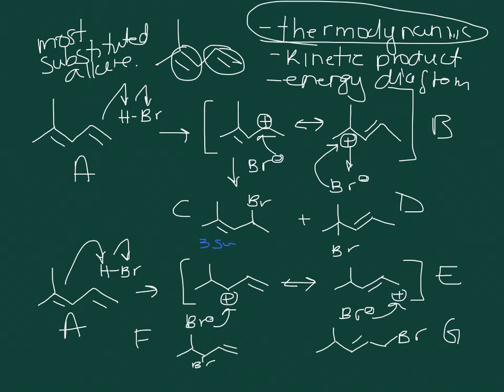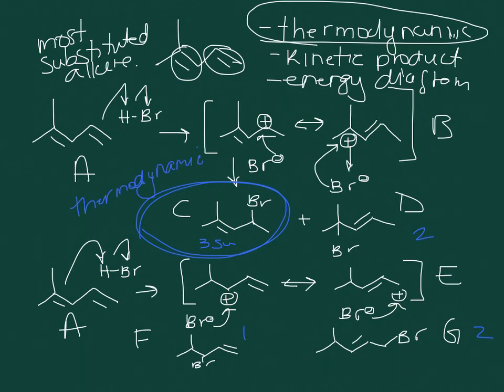Here we have two. Here we have one. And here we have two. So now we know that product C is the most stable product. Okay, so this is our thermodynamic product.